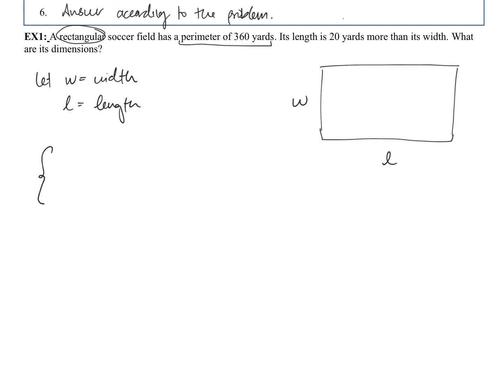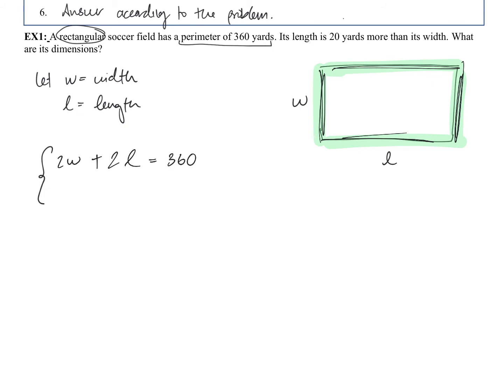That's one thing we can figure out, is we know that all of these sides added up together should give me 360. Well, that means 2 of the widths, so this side and this side, plus 2 of the lengths, this side and this side, should end up equaling 360.